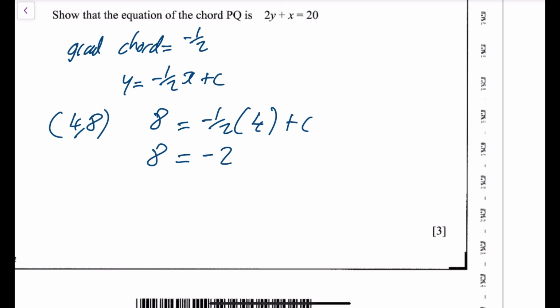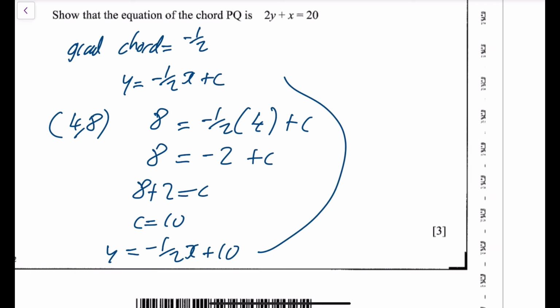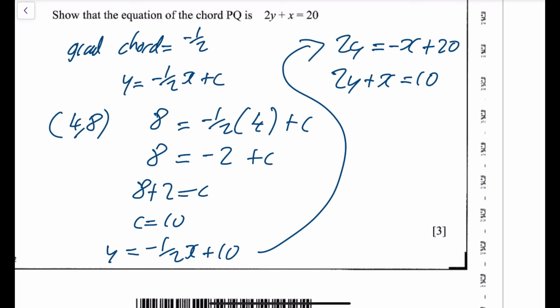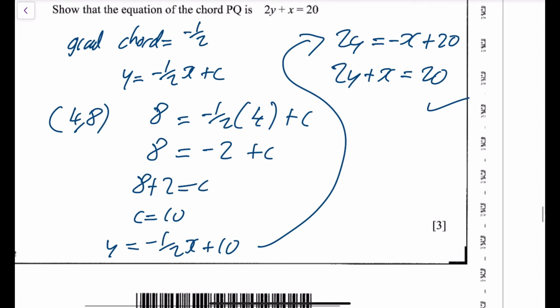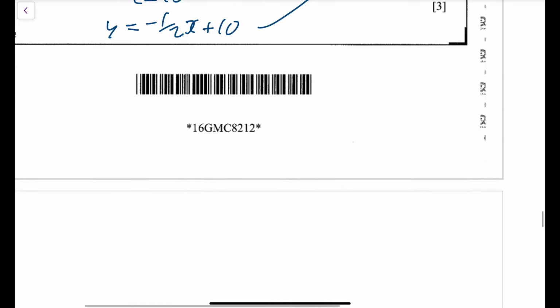So that's 8 is equal to minus 2 plus c. And 8 plus 2 is equal to c. c is equal to 10. So y is equal to minus a half x plus 10. And then that's going to be 2y is equal to minus x plus 20. Bring the x across to the other side. You'll have 2y plus x equals 20. And that is it. That's what we're looking for for 3 marks. Happy days.